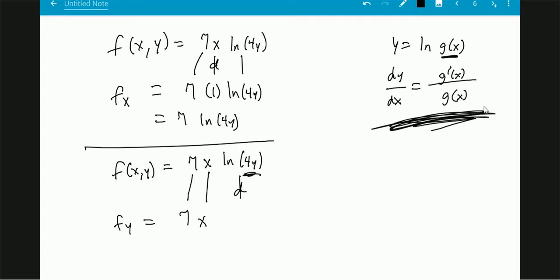So apply this rule and you get a fraction. The bottom of the fraction is what you're taking the log of, 4y. And the top's the derivative of the bottom. The derivative of 4y with respect to y would be 4. You can leave it like that if you want, but notice the 4's just cancel out. So you really just have 7x over y.